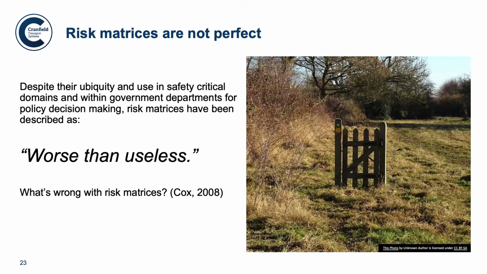And he says that risk matrices can actually be worse than useless. They can do more harm than good. And his reason for saying that is that they give the impression that they are founded on some rigor, some scientific rigor that is the basis of their design and how we use them. However, that's not really the case.